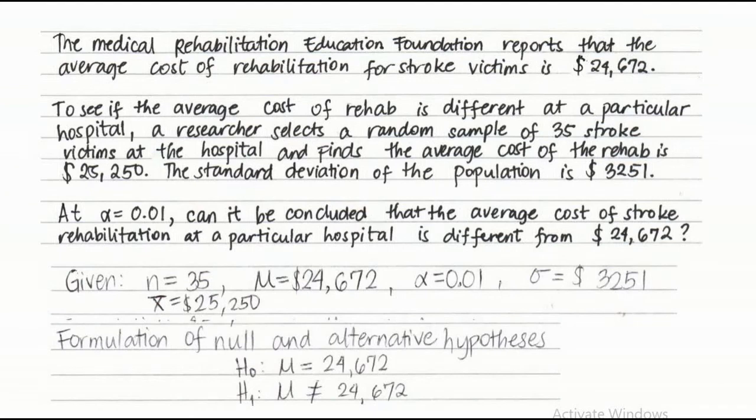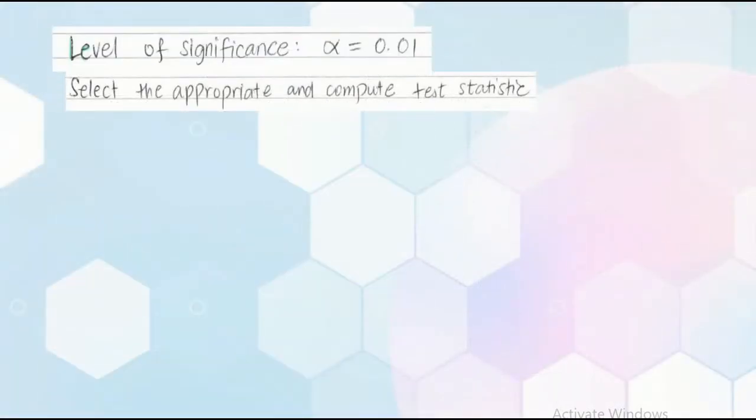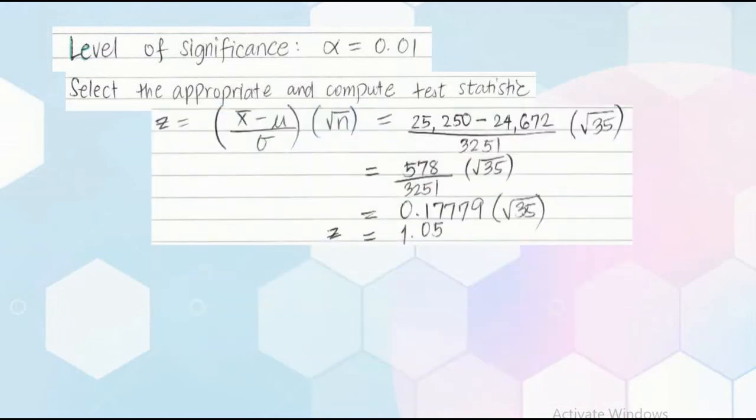H0: mu is equal to 24,672. H1 or alternative hypothesis: mu is not equal to 24,672. Level of significance, alpha is equal to 0.01. Select the appropriate test and compute the test statistic. So we will use the z-test since the number of samples is greater than or equal to 30.